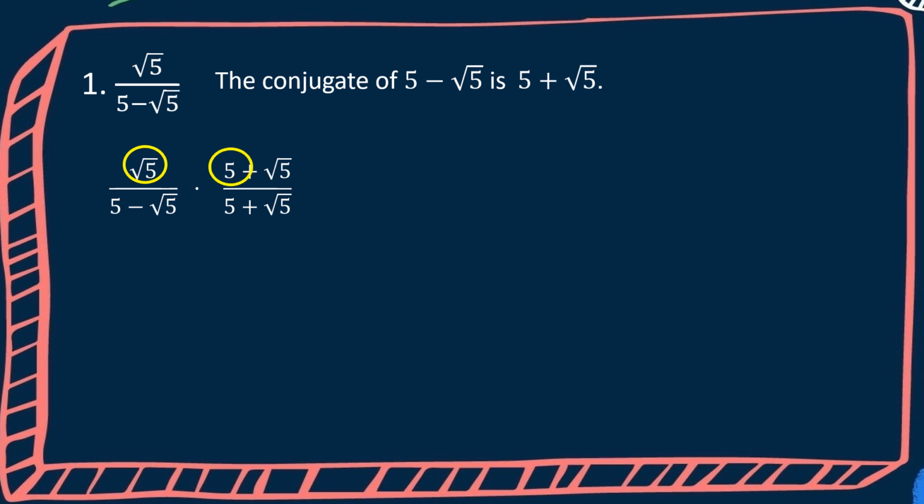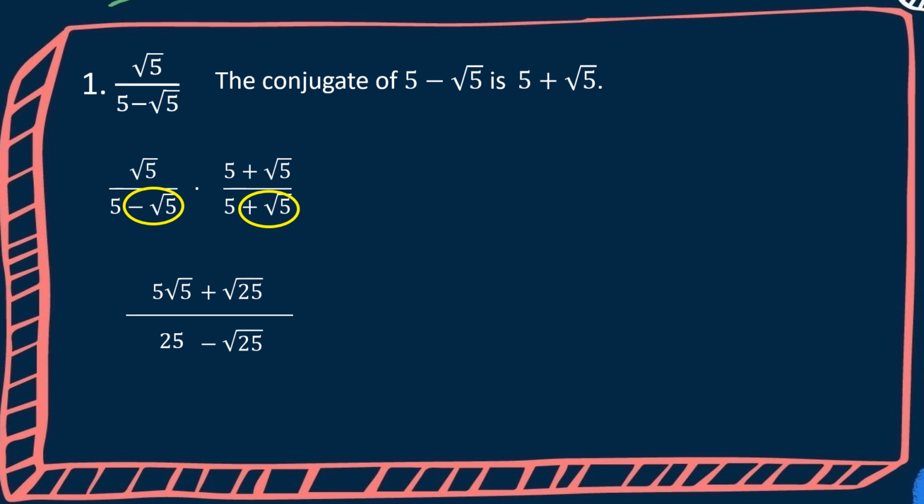Square root of 5 times 5 is equal to 5 square root of 5. Square root of 5 times square root of 5 is equal to positive square root of 25. All over 5 times 5 is equal to 25. Negative square root of 5 times positive square root of 5 is equal to negative square root of 25.